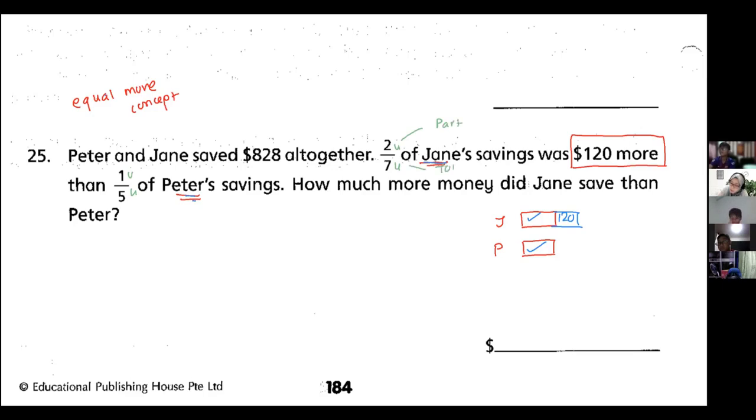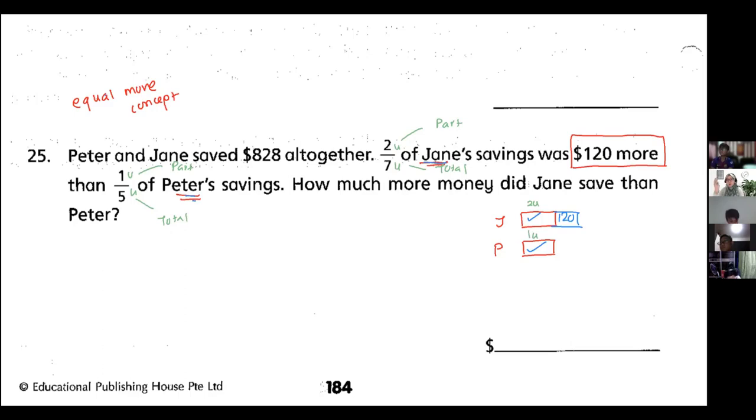The denominator is my total. You know that the denominator is always the total, always referring to the whole thing. The numerator tells you what we are referring to, which means a part of Jane's saving is equal to a part of Peter's saving. So over here, this is 2 units of her saving equal to 1 unit of his saving. That's what they're trying to say.